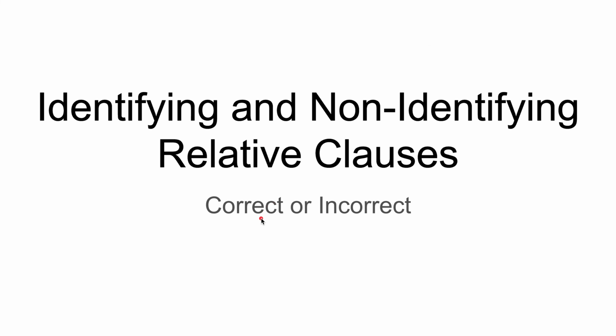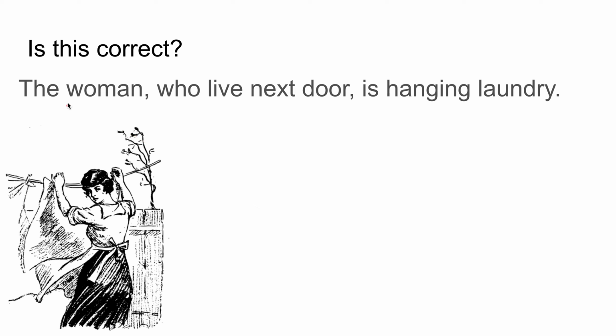Let's move forward and look at correct and incorrect uses. For the first one, is this correct? I'll give you 10 seconds. The woman, comma, who lives next door is hanging laundry. There should be an S here, but don't look at that. Is that correct? Take 10 seconds.